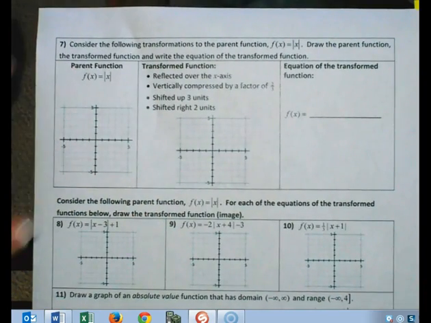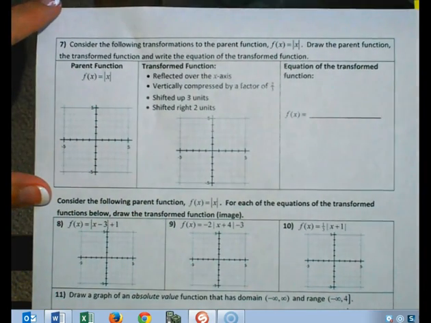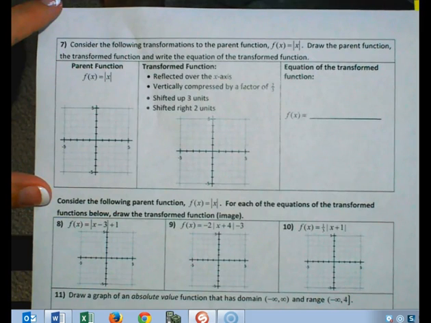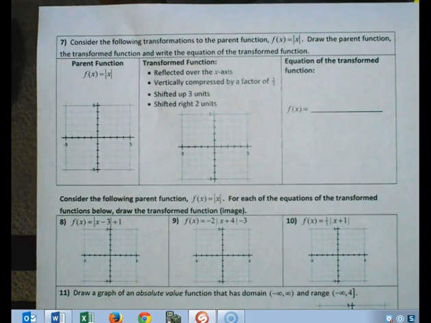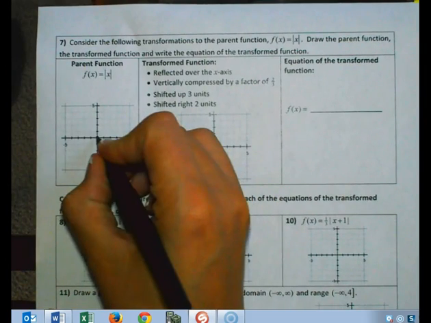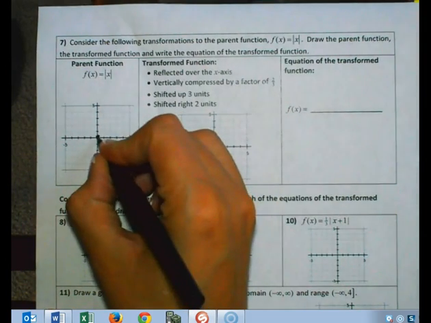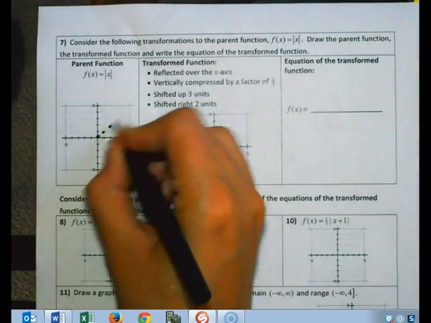Okay, consider the following transformation of the parent function f of x equals the absolute value of x. Draw the parent function, the transformed function, and write the equation of the transformed function. So my suggestion is that you check all of this on the calculator. So absolute value of x is my parent function. So I know that I'm going to start at 0, 0, and I'm going to go up 1 over 1, up 1 over 1, up 1 over 1.